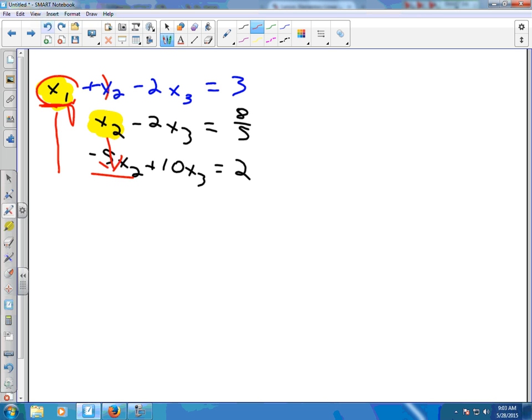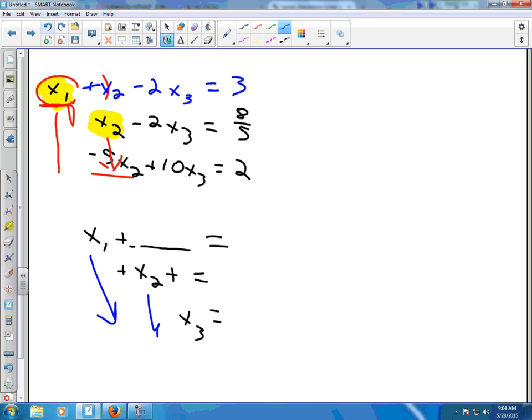So at the end, we want to have x1, some other stuff, nothing underneath that x1. We want to have x2, maybe something else, and then x3. So nothing underneath that x1, nothing underneath that x2. So notice those are basically diagonal.